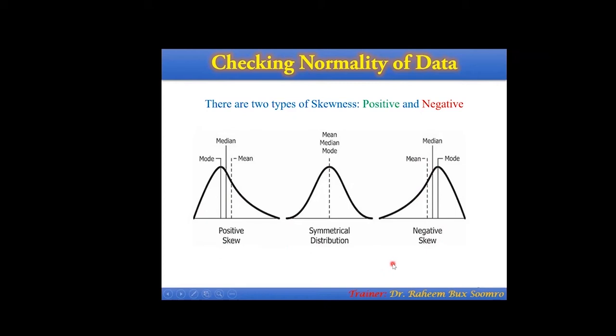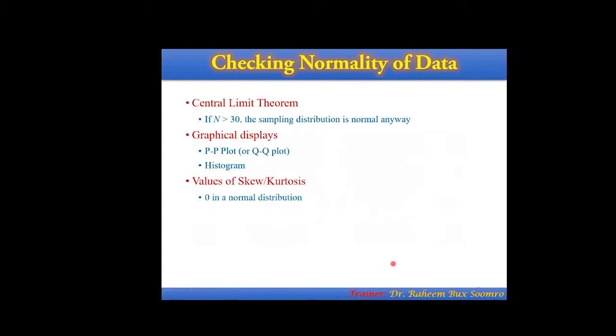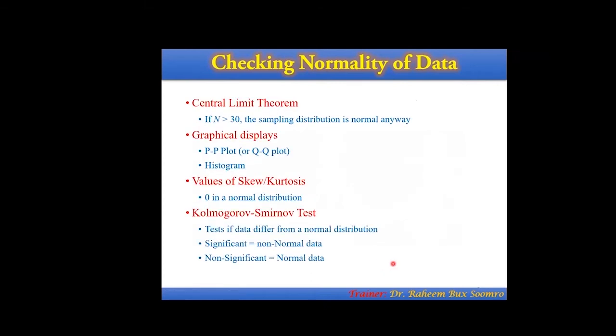If this is the situation of your data, in both cases your data is non-normal. According to the central limit theorem, if your sample is more than 30, the distribution is like normal.